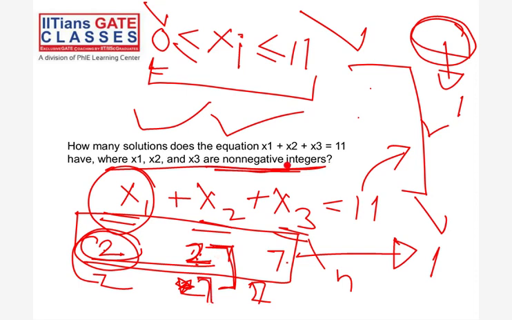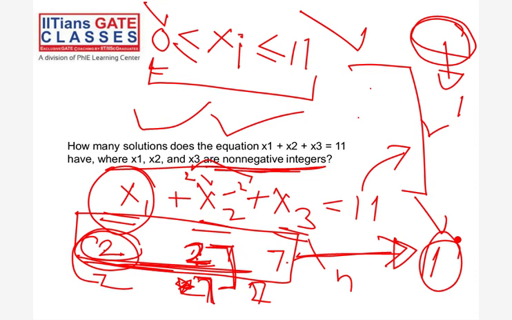So the only thing that matters to us is how much number we are giving to each xi. If we are giving it 2, that is a different scenario, and if we are giving it 7, that is a different scenario. But if you give it 2 one time, and 2 the next time, then they are the same scenario. So if you have this solution 2 plus 2 plus something, this particular solution has only one way. Hopefully you are understanding this template.